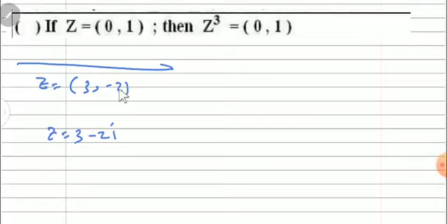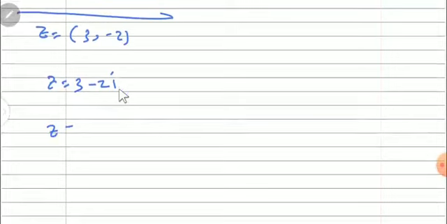i. Okay, for example, another example, z equals (2, 5). z here is written in ordered pair form. I want it in algebra form, so let us change it.